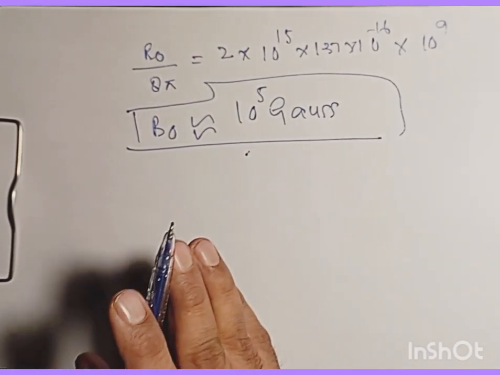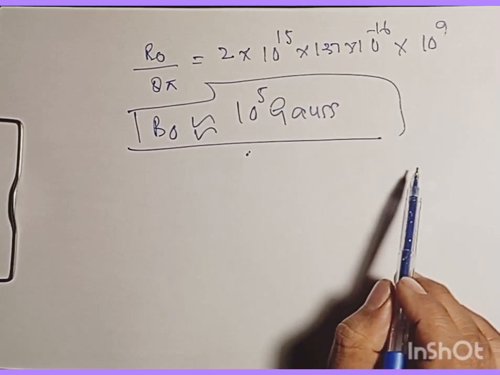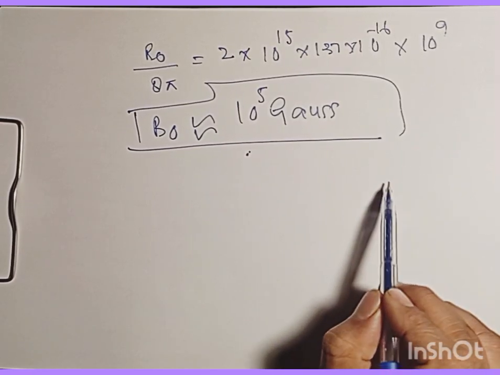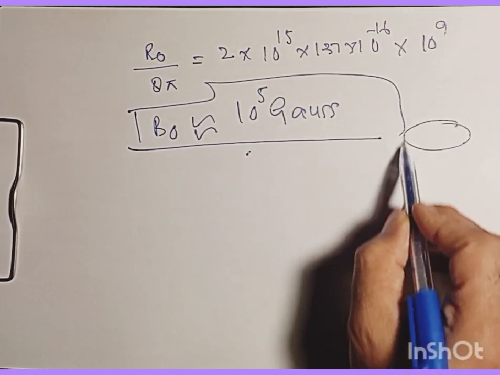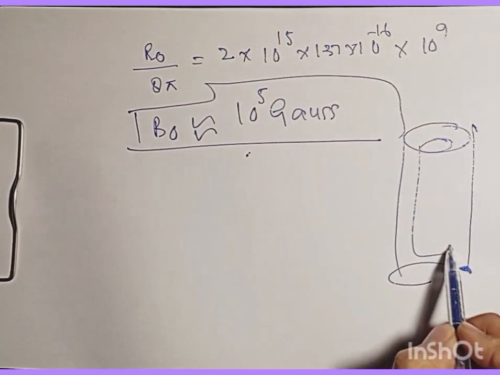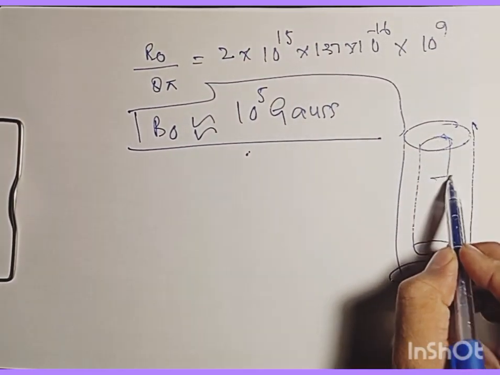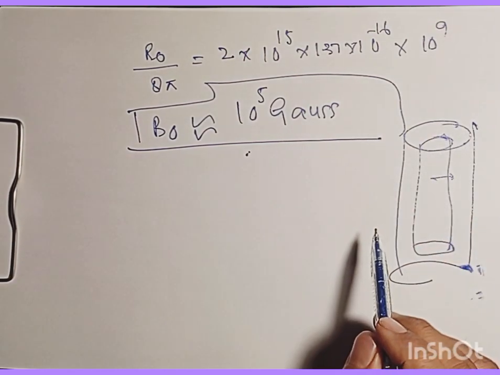And the radius of gyration of this plasma should be smaller than the radius of the discharge tube. If we have a discharge tube and plasma, the radius of this plasma should be less than that of the tube enclosing it.